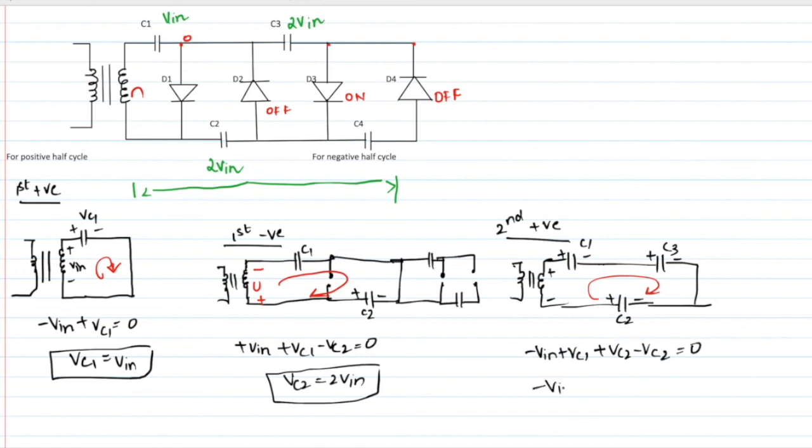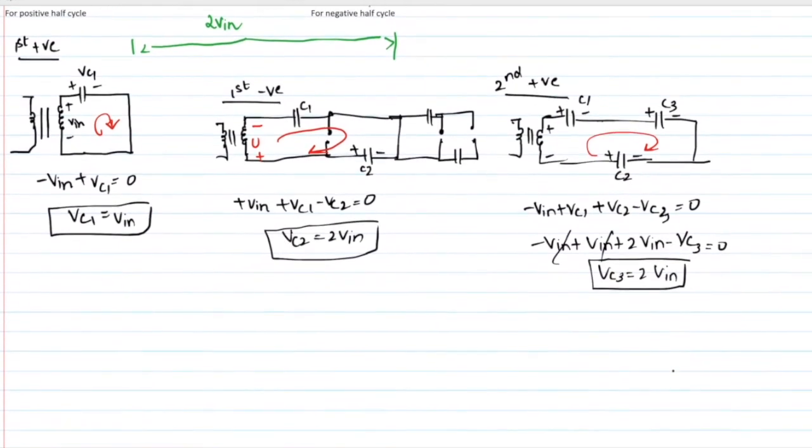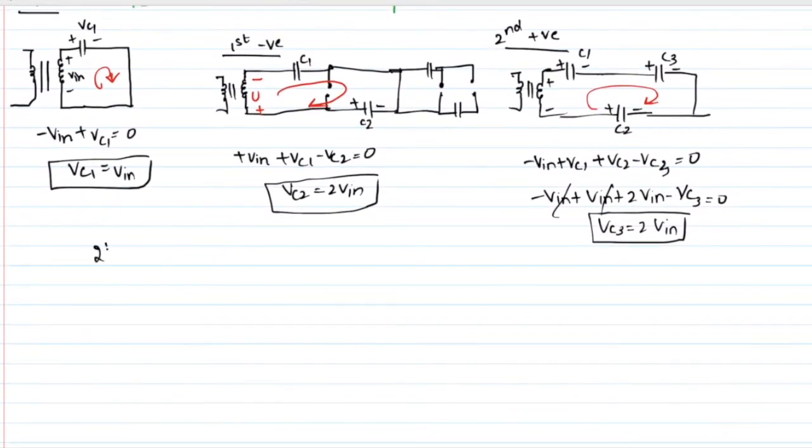So minus V in plus V in plus 2V in minus Vc3 equals 0. So Vc3 equals 2V in. These three we have already calculated in the previous circuits. For this one we will newly calculate for the second negative cycle.